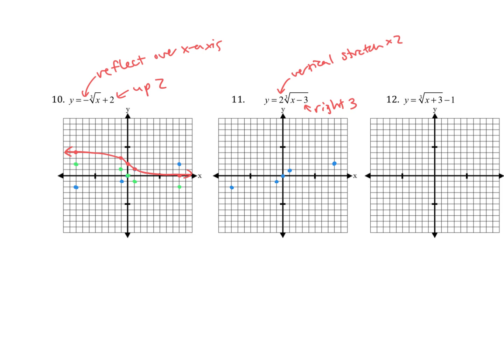I'm doubling how high my points go. The point at 0, 0 stays the same. My next point, instead of going up 1, goes up 2. And I go right 8, instead of up 2, up 4. And I double the points to the left as well, how low they go. So that will be my vertical stretch, and then I move all these points to the right 3.